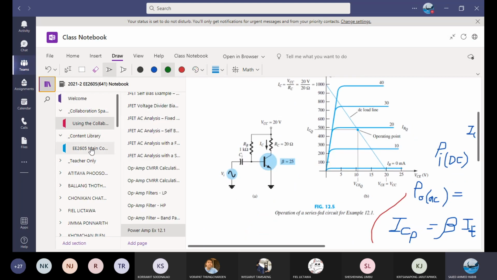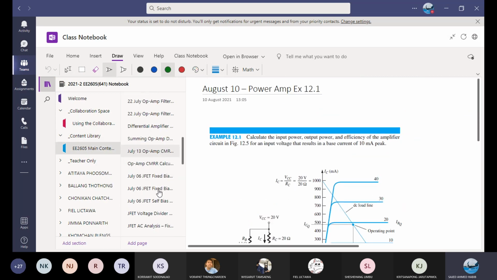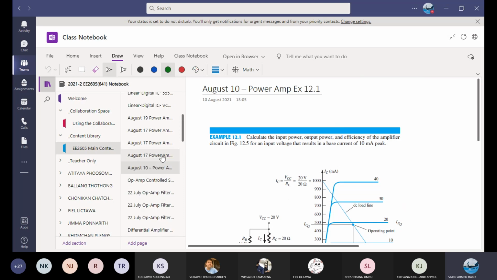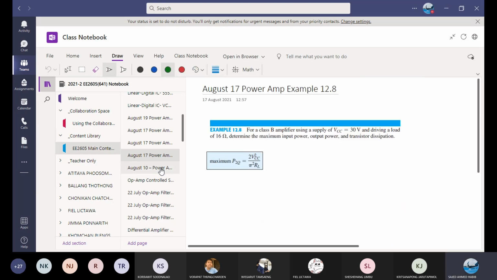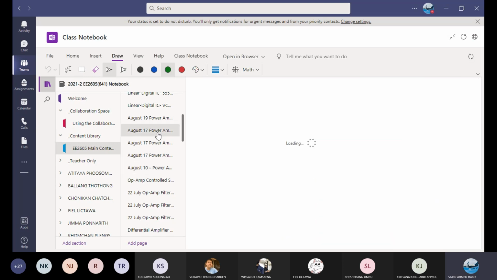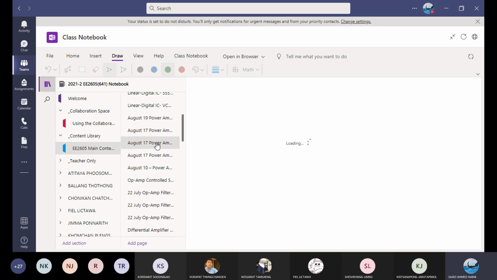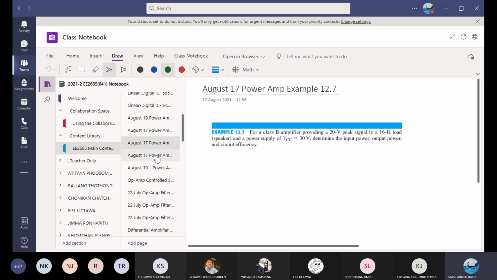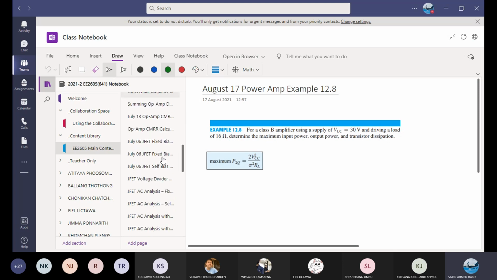Another example for you is example 12.4. Before we start doing that, we can actually go to the slide first. I can't find 12.4. Where is it? Something is wrong.